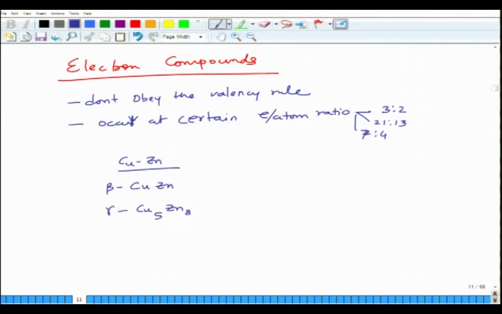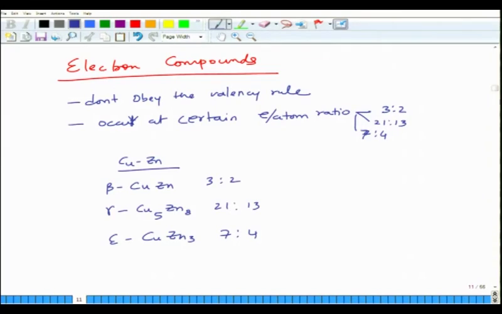So, electrons are 3, atoms are 2. Here 5 into 1, 8 into 2 will make it 21, atoms are 13. And then the third one is epsilon CuZn3, which has 7:4. So, this is 3:2, this is 21:13 and this is 7:4. These are called electron compounds.